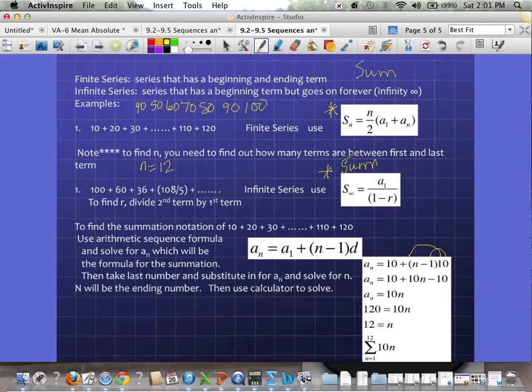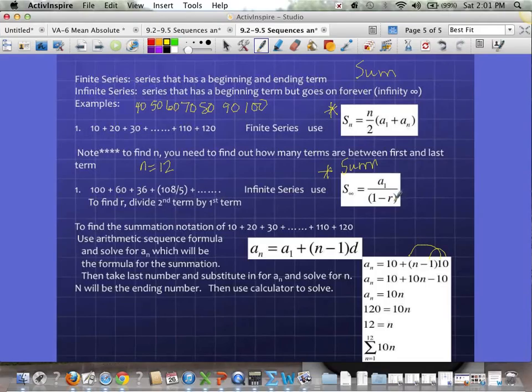All these formulas are going to be on your formula sheet. You will not have to memorize them. You just have to make sure that you know which ones to use. Whenever there's a D in the formula, that means it's arithmetic, which means it's a common difference, which means you had to subtract to get the same constant. But if it's an R, then that means it's a common ratio.